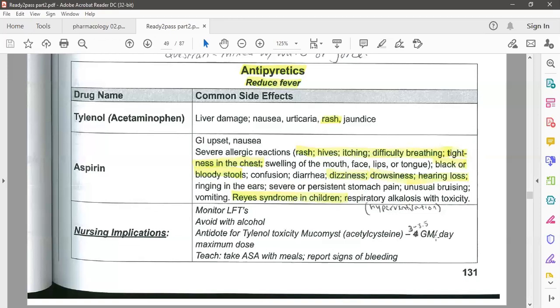Do not give to the patient who has liver failure or renal failure, because they can cause hepatotoxicity. The antidote of acetaminophen is acetylcysteine. You can see the name here. Also, the overdose signs are weak pulse with clammy, cold skin.